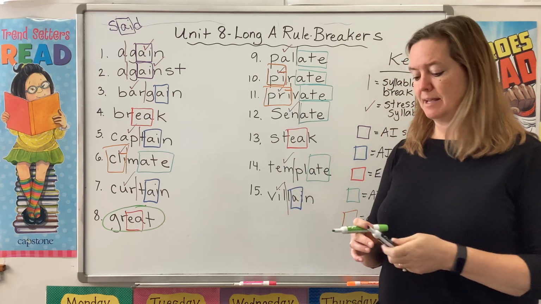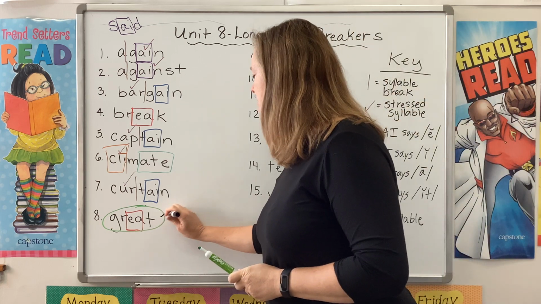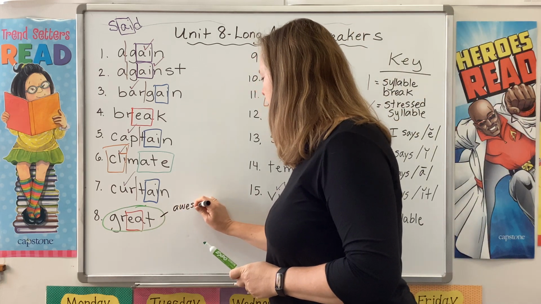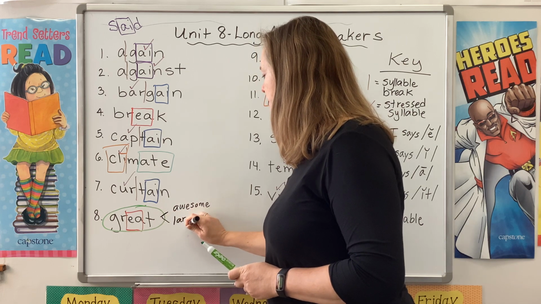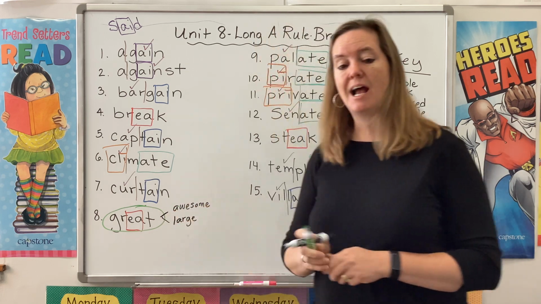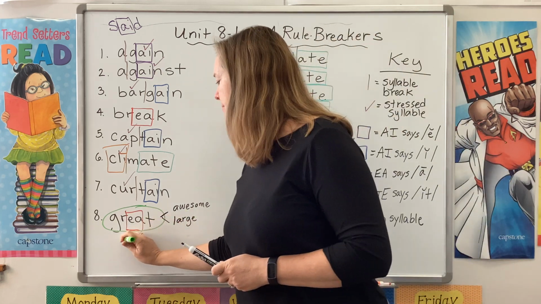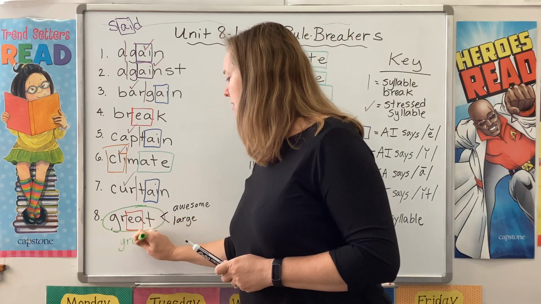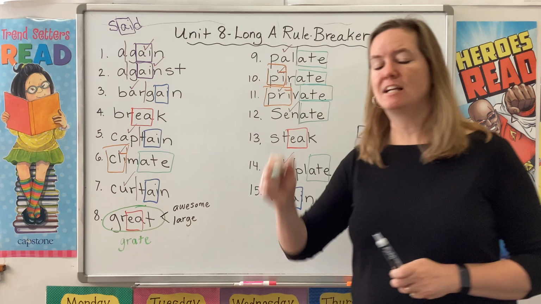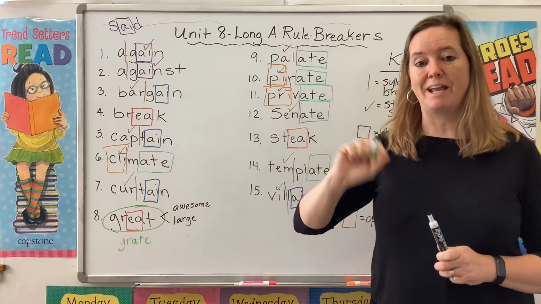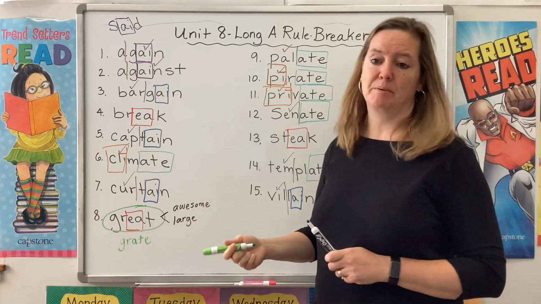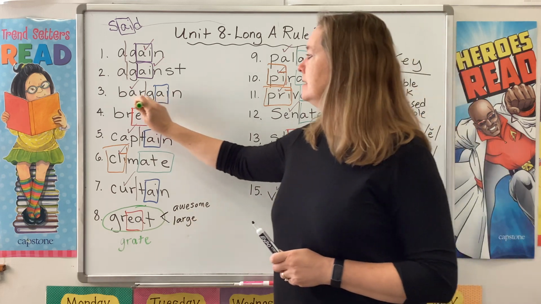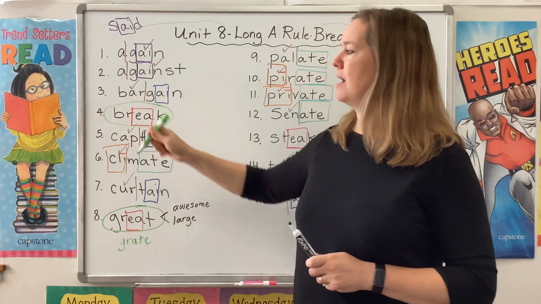So great can mean awesome or large. But there's another kind of great that's spelled like this, G-R-A-T-E, and that's what you do with cheese. You use a grater to grate or shred the cheese. So there's a homophone.